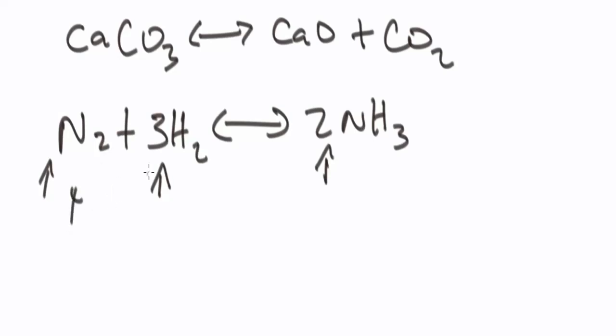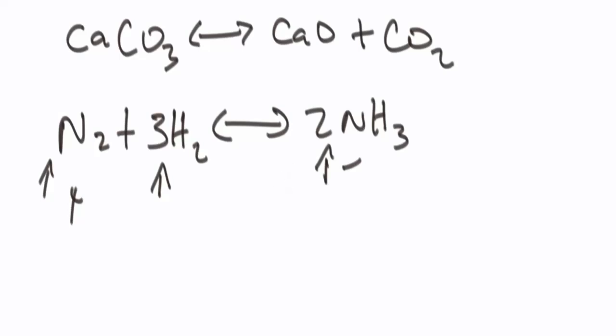That's why an increase in pressure will cause the equilibrium position to shift to the right side of the equation, favoring the forward reaction, because this is the side with fewer moles of gases, whereas a decrease in pressure will cause the equilibrium position to shift to the side with more moles of gases.